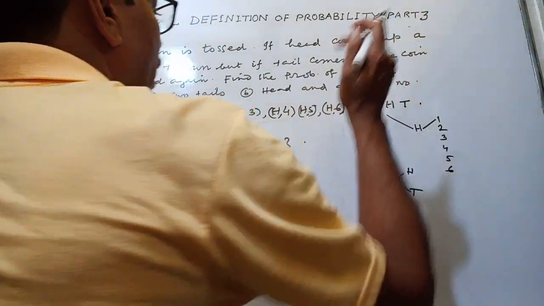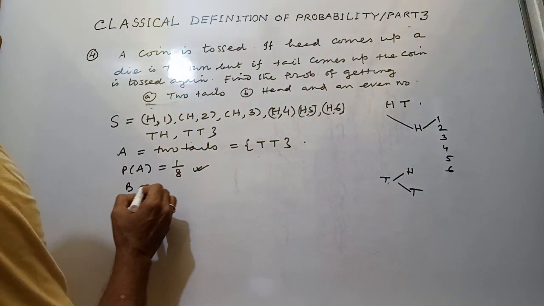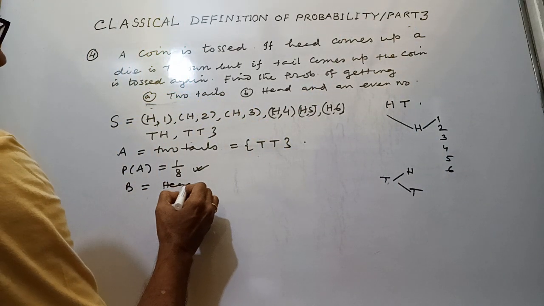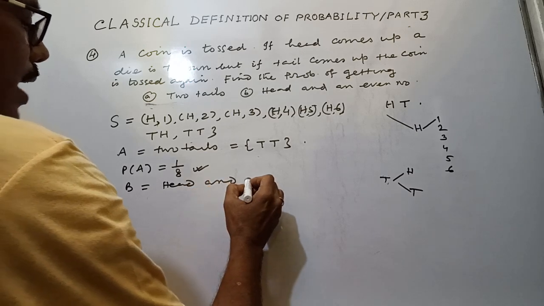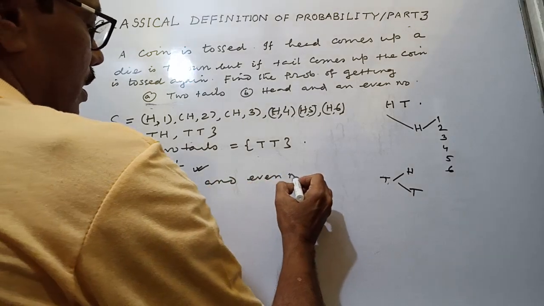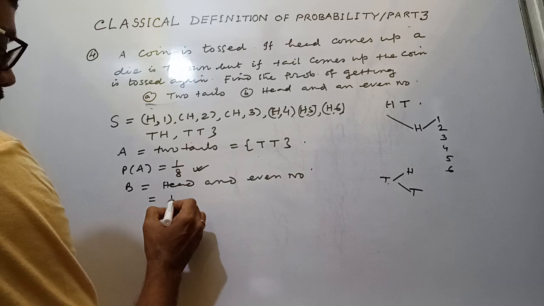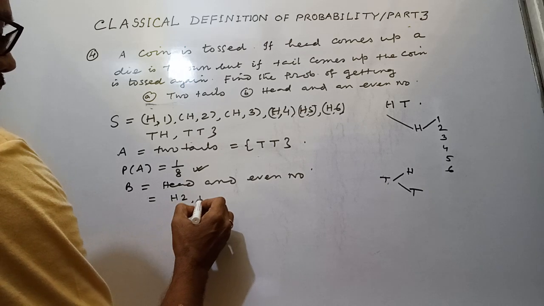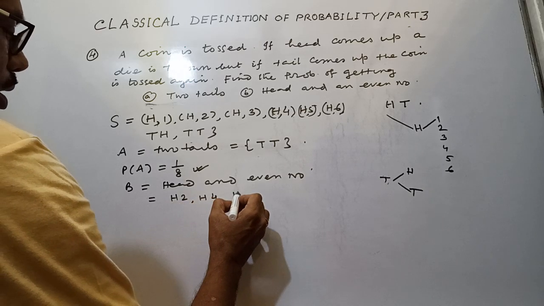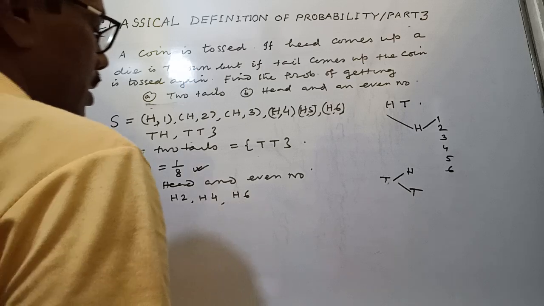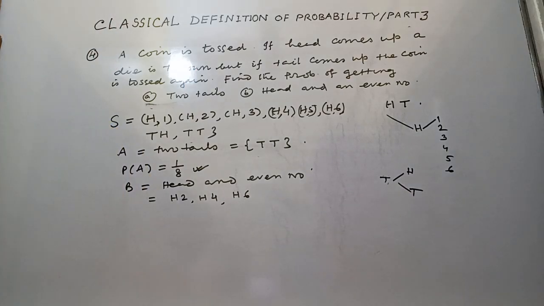Now head and even number. B equals the event of getting head and even number: H2, H4, H6.